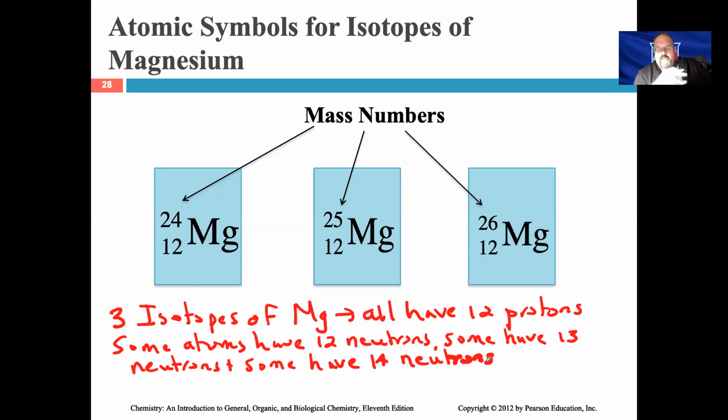Now we'll talk in a little bit about which one, in a sense, the periodic table gives you. And along with that, when you're figuring out the number of neutrons, you have to really look at the question to see if they give you any information about the mass number.